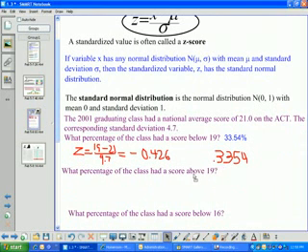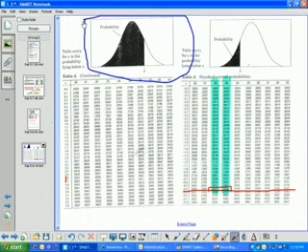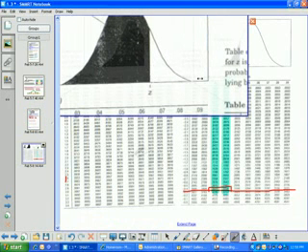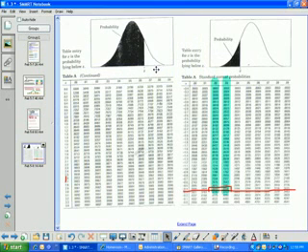Now we're going to find the scores above 19. So the whole chart, let's focus in on this area up here. When you find the numbers, it is finding the areas underneath the curve.